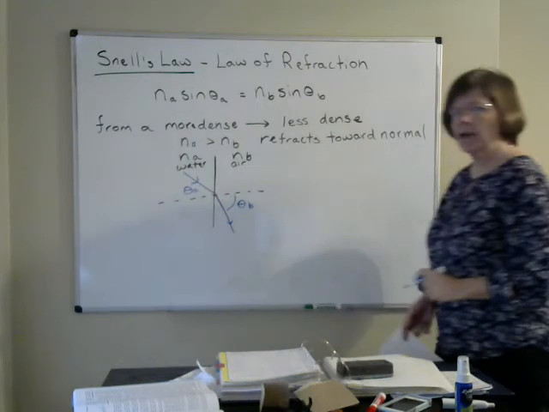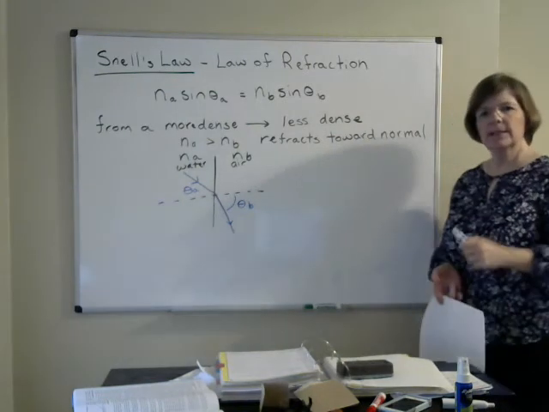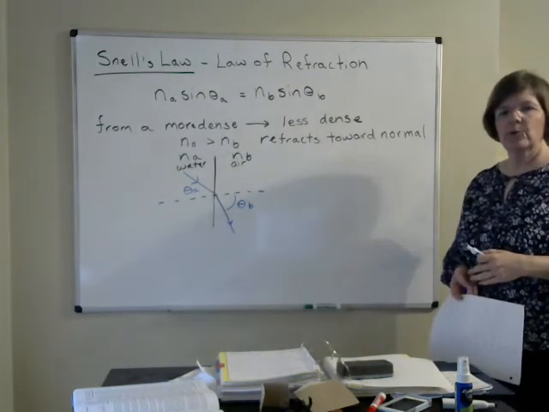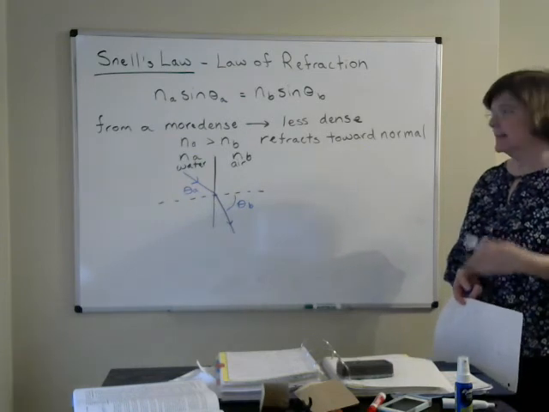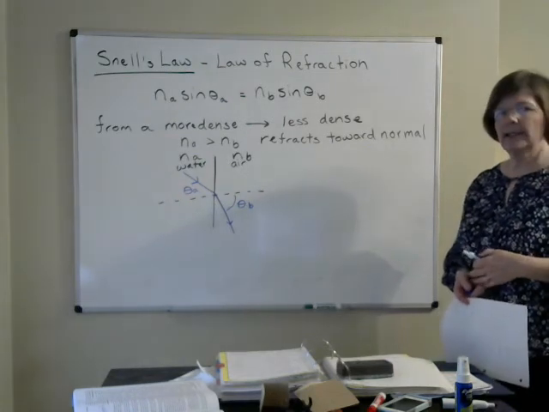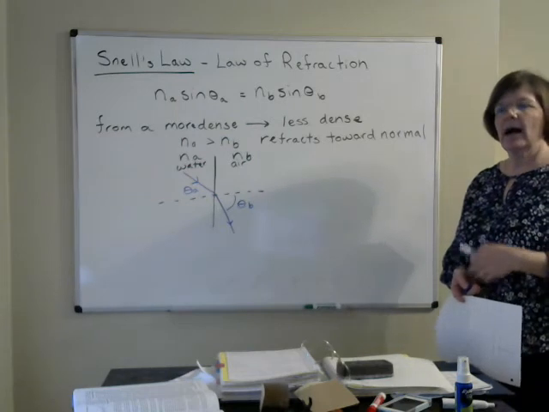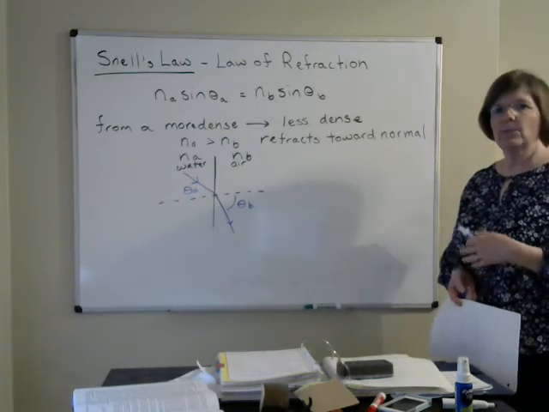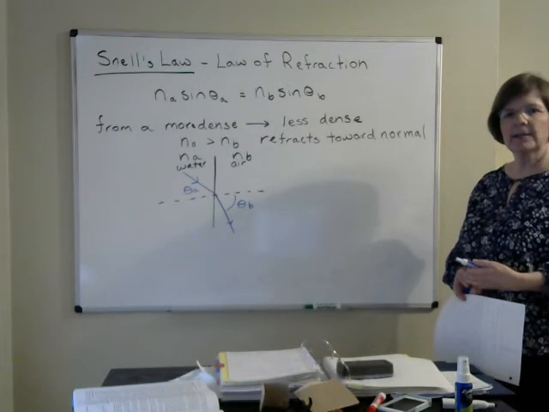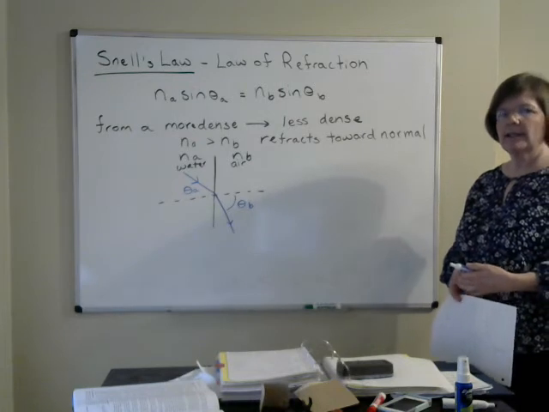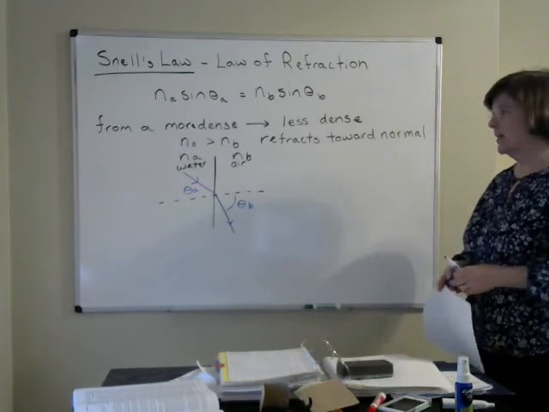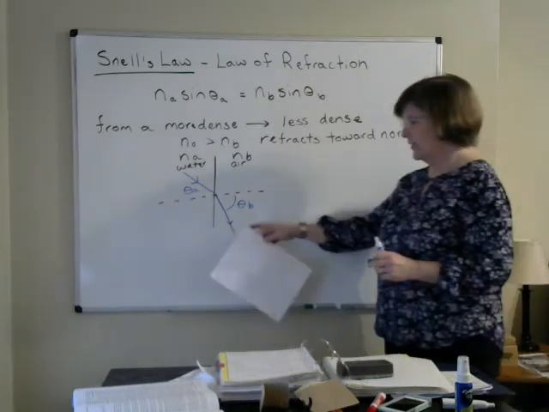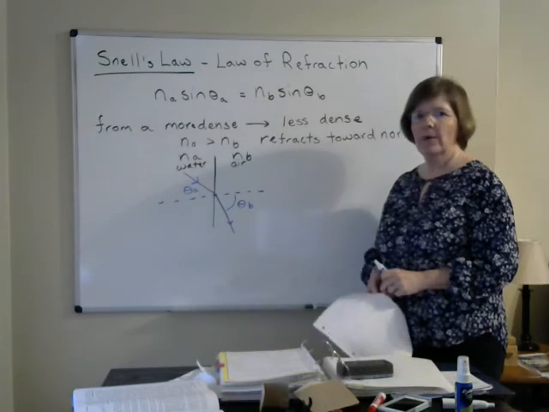So just by looking at the path, whether something is refracting toward the normal or refracting away from the normal, I can tell whether it's entering into something that has a higher index of refraction and is more optically dense, like a diamond, or whether it's entering into something that is less optically dense. When it's less optically dense, like air, it will move away from the normal.